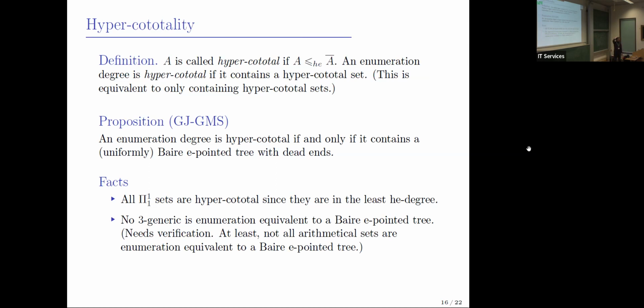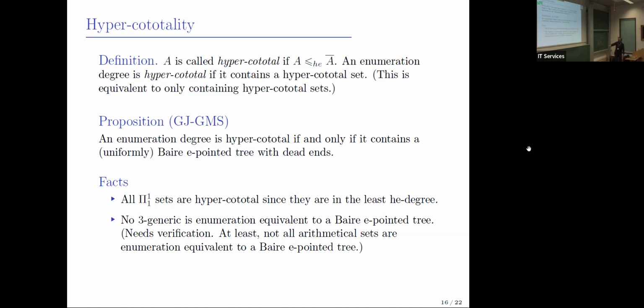There are some helper sets being built that are paths through trees showing that they're not Baire e-pointed, so you'd have to make sure that actually works out. But at least containing a Baire e-pointed tree can fail for arithmetical enumeration degrees.